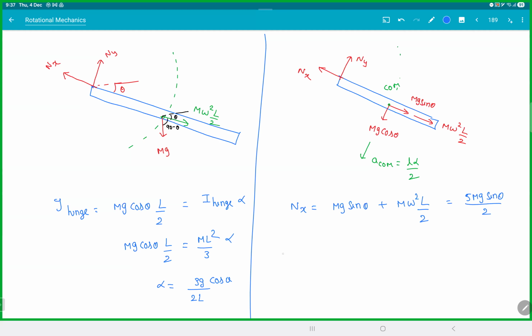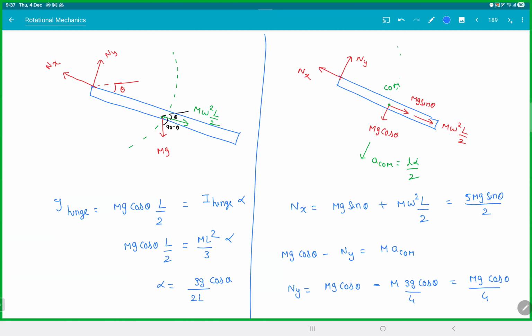And what about Ny? mg cos theta minus Ny is equal to mass into acceleration of center of mass. So Ny will be mg cos theta minus m times L alpha by 2. That will be mg cos theta by 4.